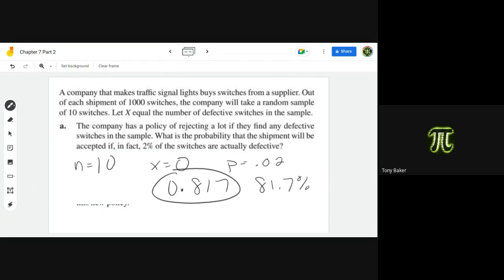Wait, are we plugging this into the binomial one? Yep, into the binomial one. I got 0.107. What'd you get? Hold on. 0.02 or 0. Oh, yep. And then I lost my whole thing, so that's fine. Did you fix your problem? Yes. Okay.